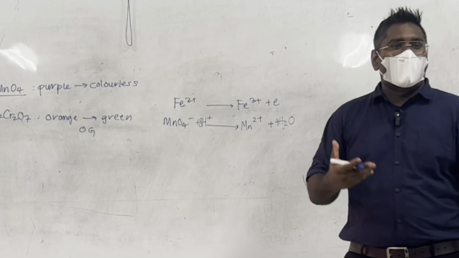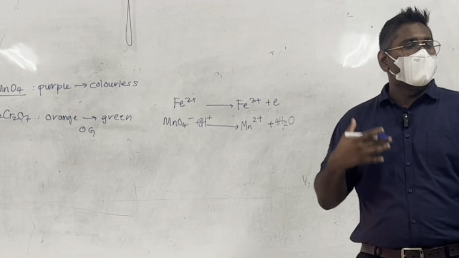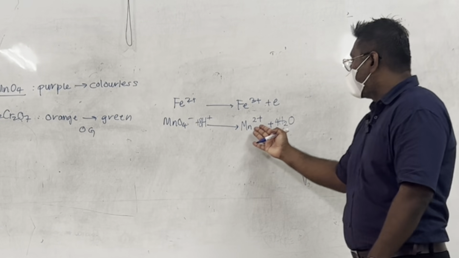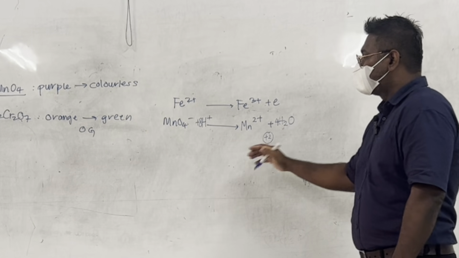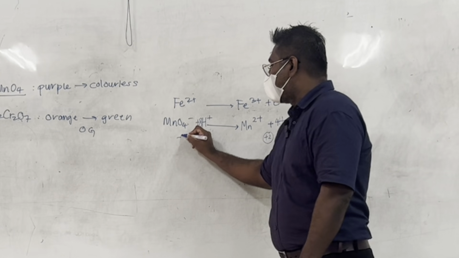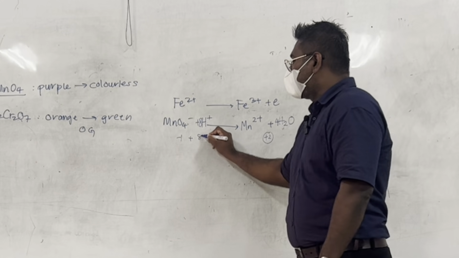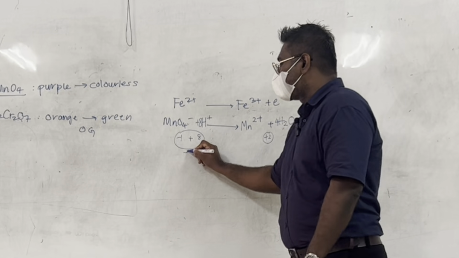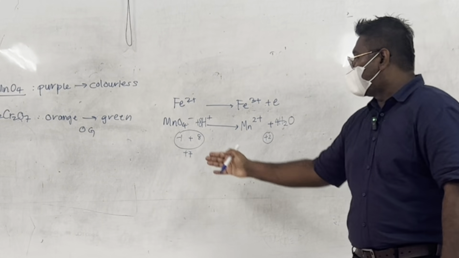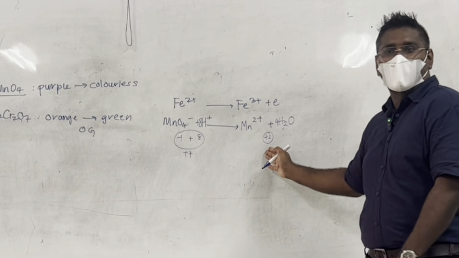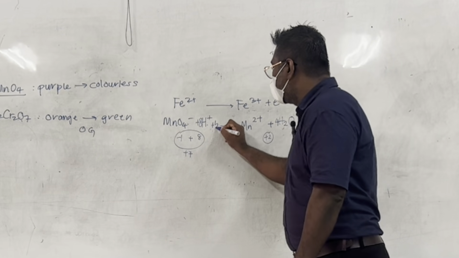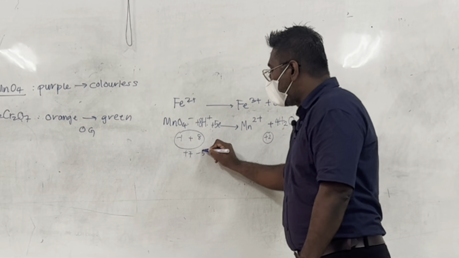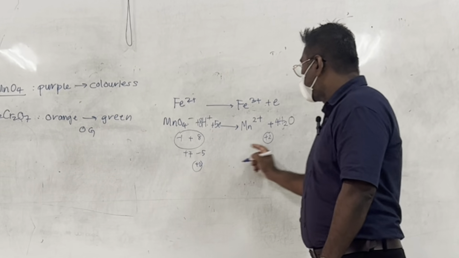And the last part is to balance the charge. The charge over here is plus 2, 0, so total charge is plus 2. The charge over here is negative 1 plus 8, which is plus 7. So how do you change to the same charge? By adding 5 electrons, so negative 5, and you get plus 2. Same.